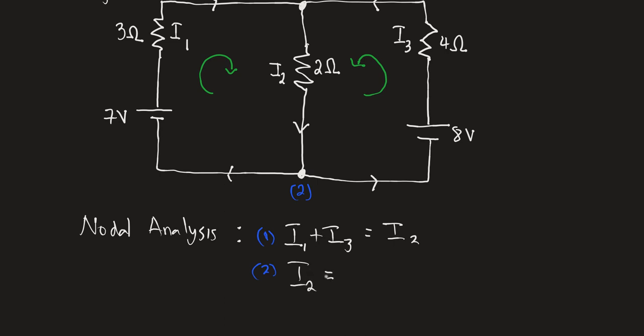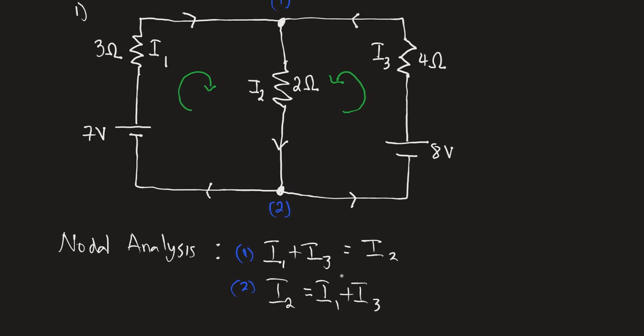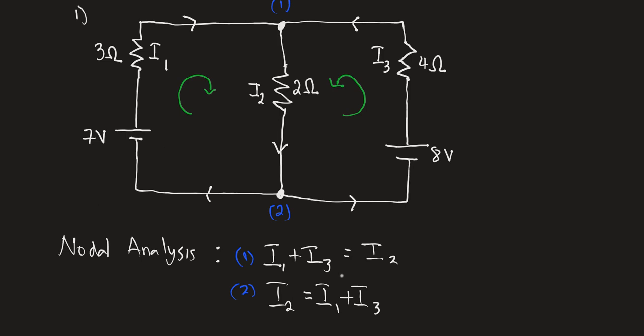And then what's flowing out of it is, we have our I3 going this way, and then I1 going this way. So if you notice, what we end up with is the exact same equation, right? And that's not a surprise, right? So essentially, when we analyze the nodes in this particular electrical circuit, we get the same equation.